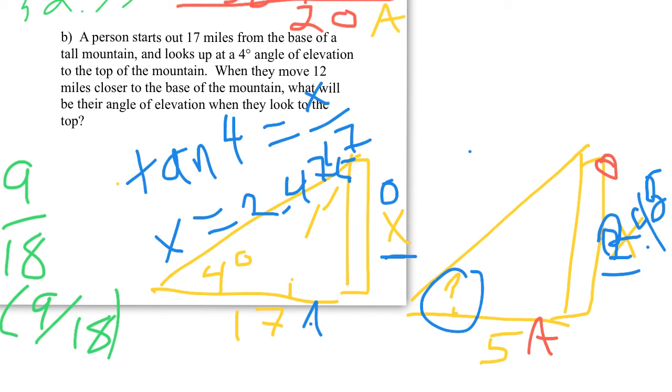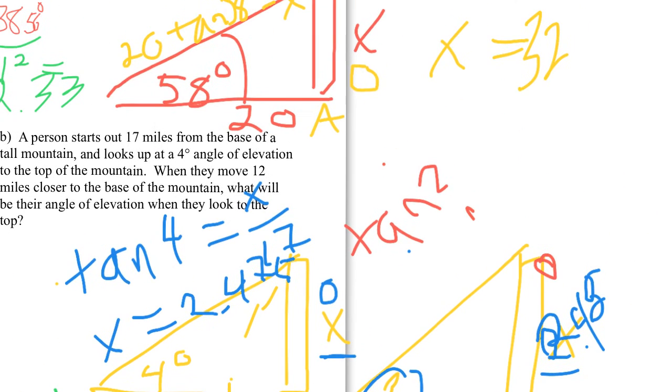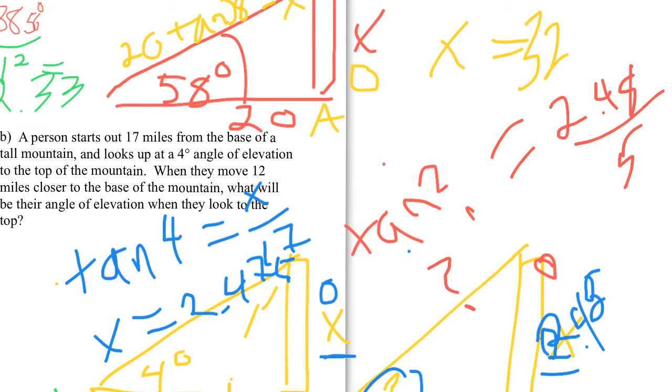So we use tangent of that question mark, okay? Tangent of question mark. And that's going to be equal to 2.48 over 5. To figure out what question mark is, I'm going to use arctan or inverse tan.